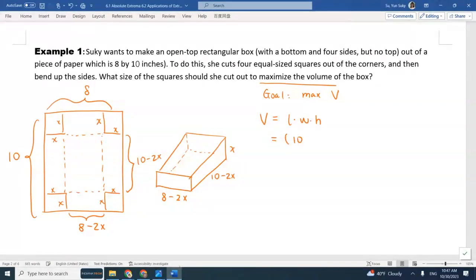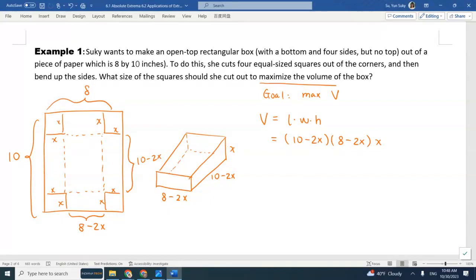My length is 10 minus 2x, my width is 8 minus 2x, my height is x. So far, so good, everybody? See, we have the volume as a function of a single variable. So we can take the derivative.